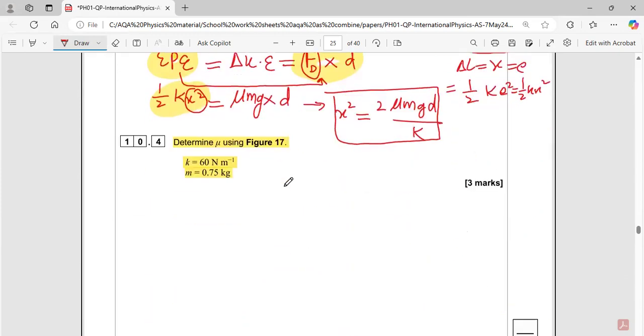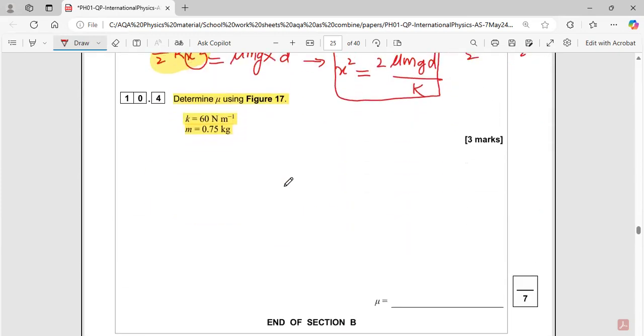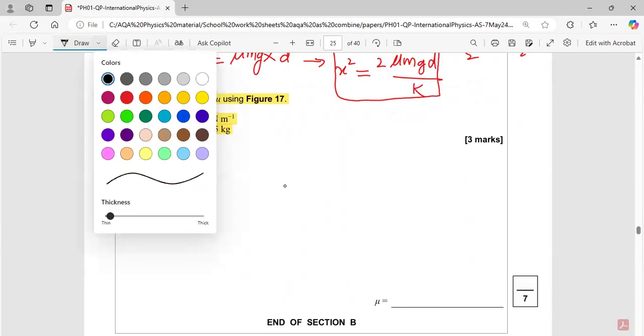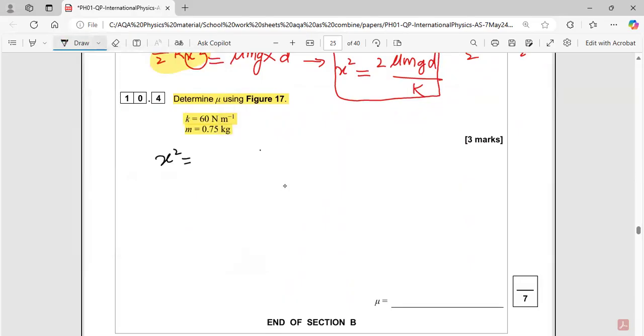So let's come back over here. And we know that x square is equal to 2 mu mgd over k. So as we have to find the value of mu, just keep mu over there, and this is x square, shift d over here, it will be divided over here, and then shift others as well. So I can write it separately.